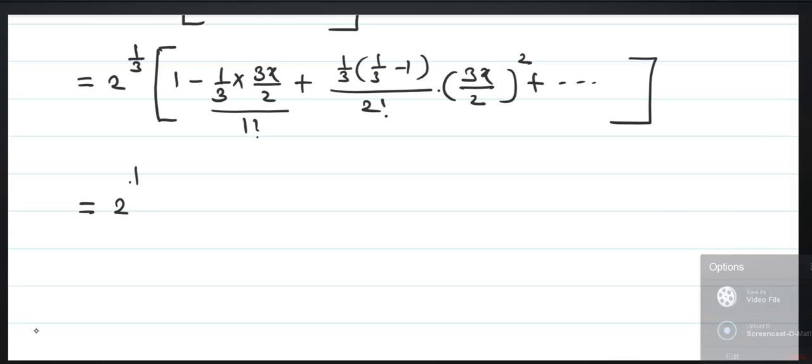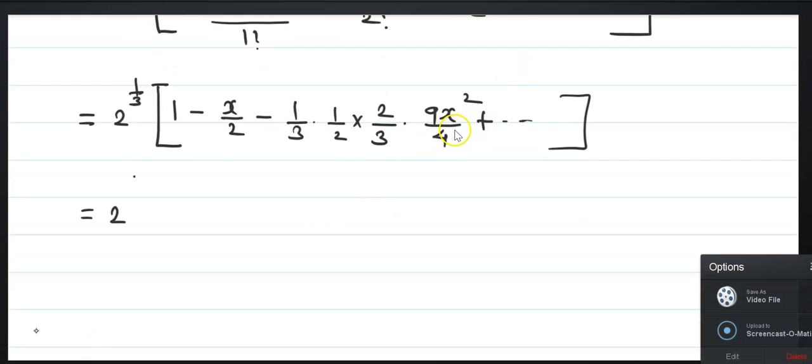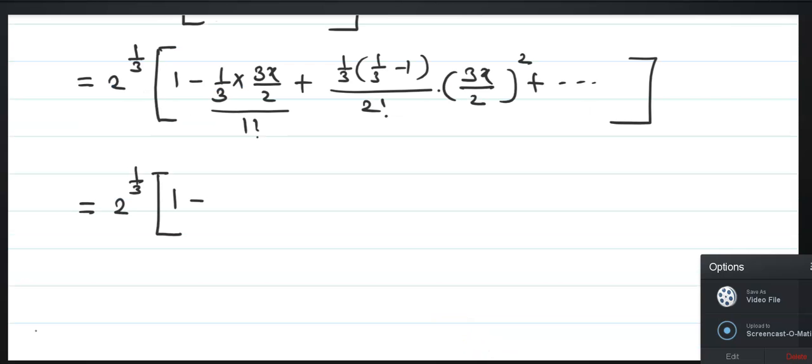Now the next is 2 raised to 1 by 3, (1 minus x upon 2 minus 1 by 3 into 1 upon 2, 2 upon 3, 9x square upon 4). This is the simplification. You can also see here.